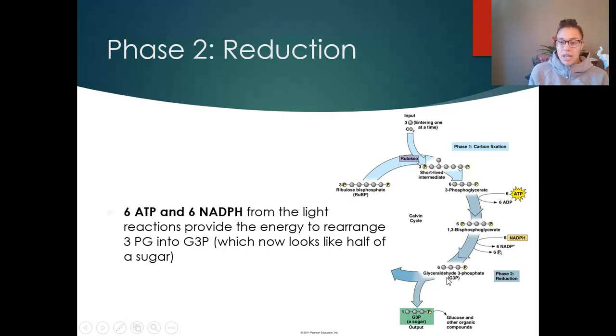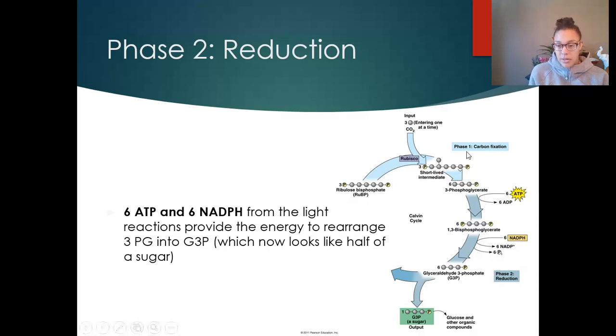So again, there's lots of steps. There's crazy names that go with them. We don't care about their crazy names. We just are able to say, hey, ATP goes through and cycles, NADPH goes through and adds its energy and helps cycle, and then reduces that step so that one of these PGA molecules is then lost and passed on to be stored and saved later so that we can make a glucose molecule in the end.